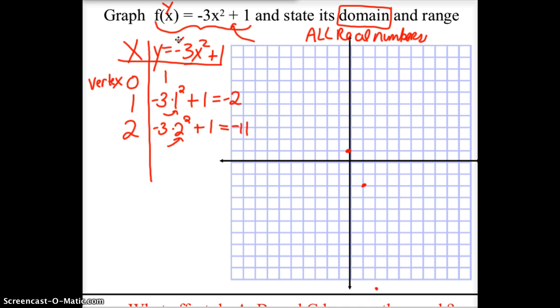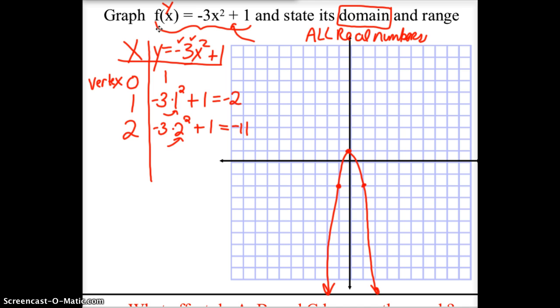It's getting stretched down because of the negative, and 3 times as far as what that parent function was. So this is the right-hand lobe of my parabola, and it goes forever, so we put arrows. And to get the left-hand lobe, I just use some symmetry here. So I just go like that, and that's my parabola. It's a little curvy, but good enough.